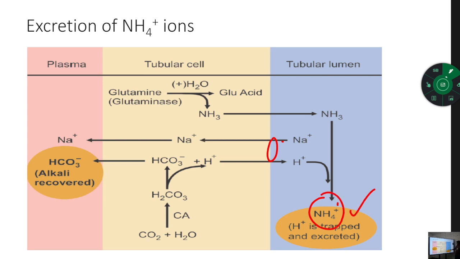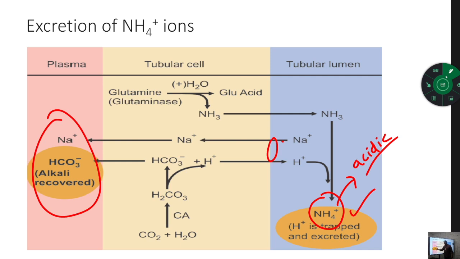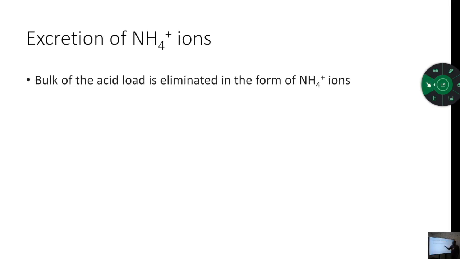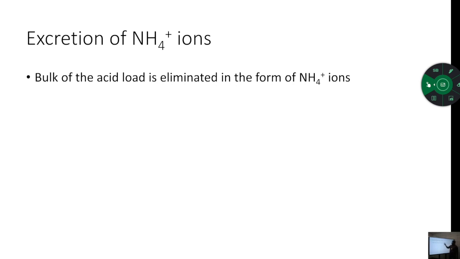So as you can see, ammonium is a very acidic thing. The body is able to get rid of a lot of acids by this mechanism, and parallelly, the sodium bicarbonate, the alkali, is also recovered at the plasma side. So to sum up the third strategy, the bulk of the acid load is excreted in the form of ammonium ions.